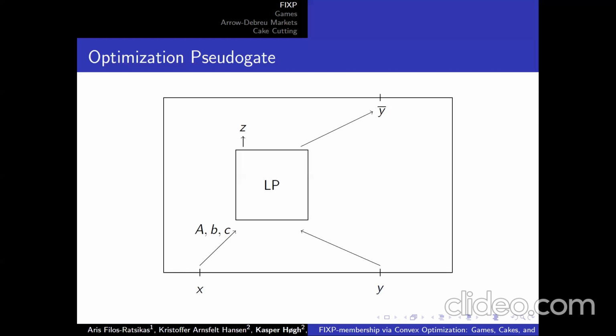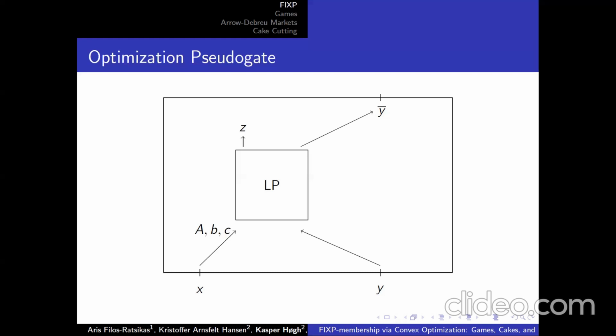The point of the pseudogate is that when the entire input is fixed by the circuit, then this output from the pseudogate will be an optimal solution to the LP that we actually want to solve.